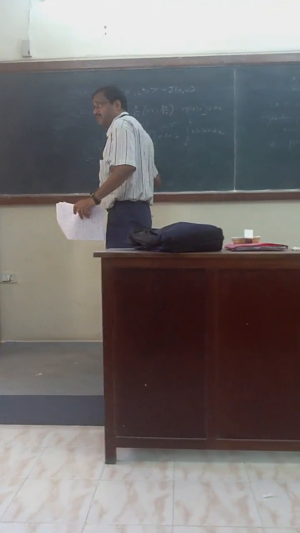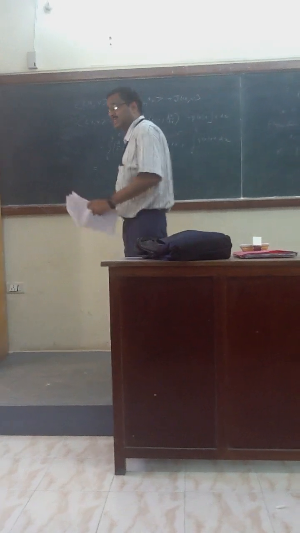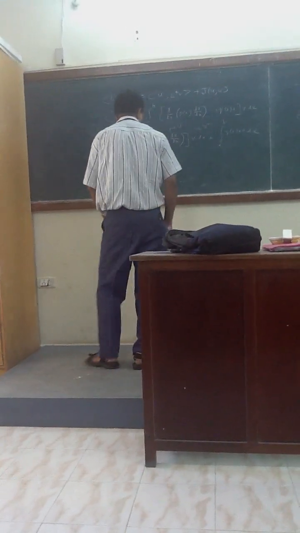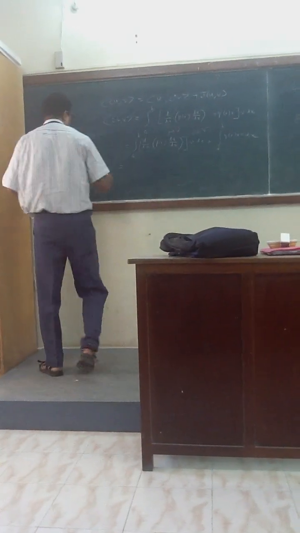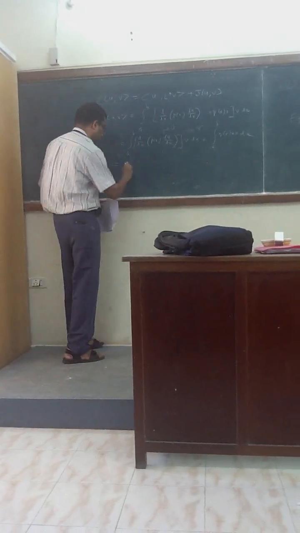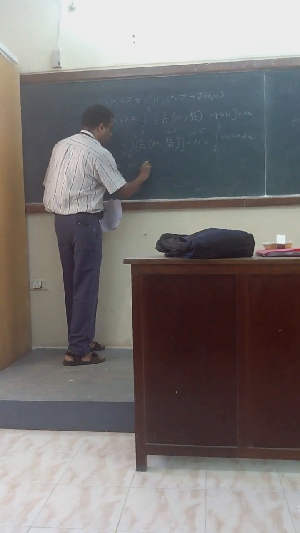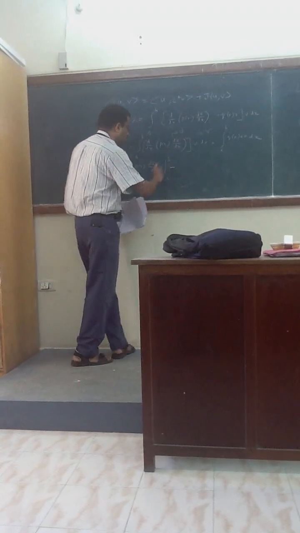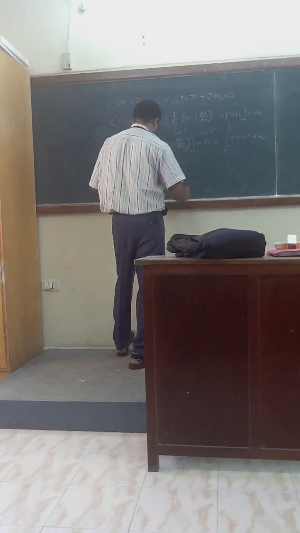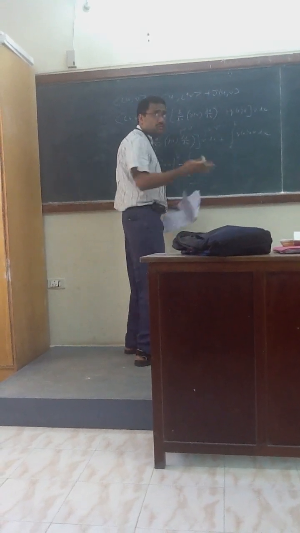First step, you will get the boundary term. First step is the boundary term. There is no question of an integral because you have done that already. Px du/dx into v, between a and b, minus the integral from a to b of px du/dx dv/dx dx, plus the integral from a to b of qx uv dx.